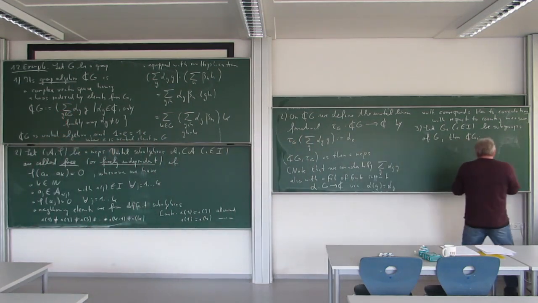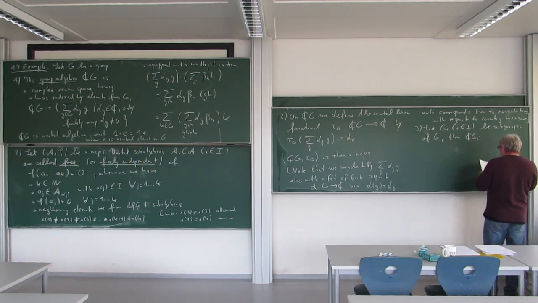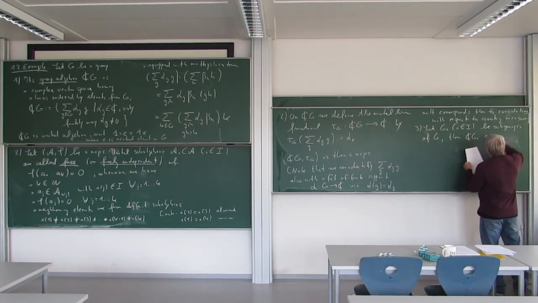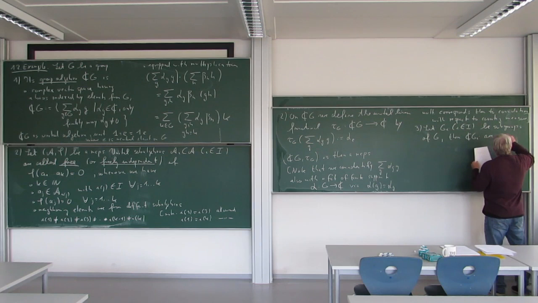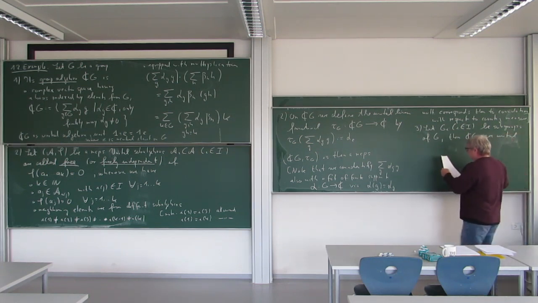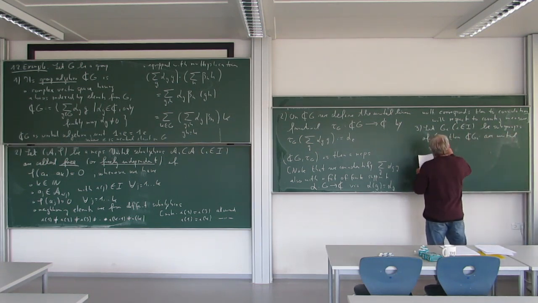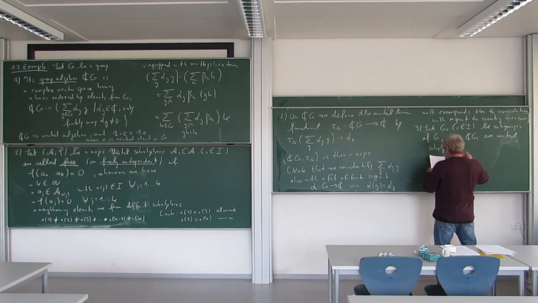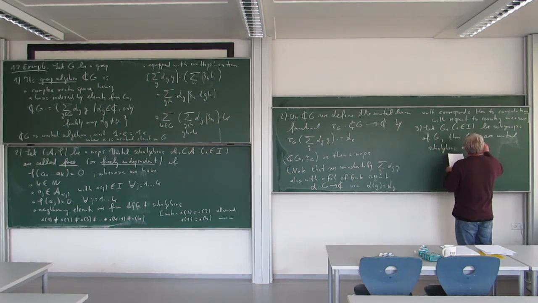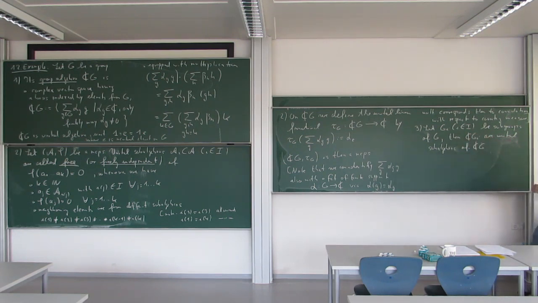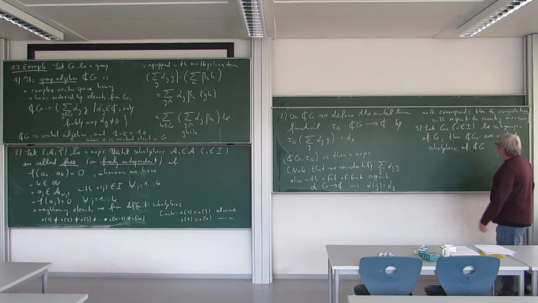Then the C of G_i are actually unital subalgebras of C of G. Of course, they are unital because each subgroup contains the neutral element, and the neutral element is the same for all of them.